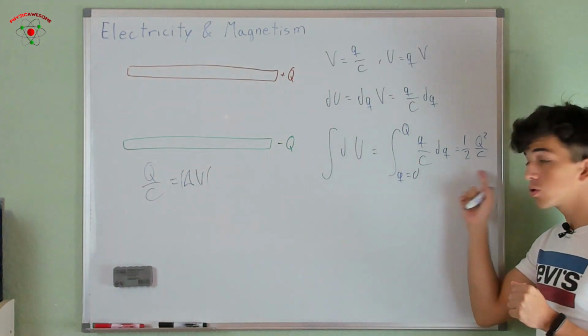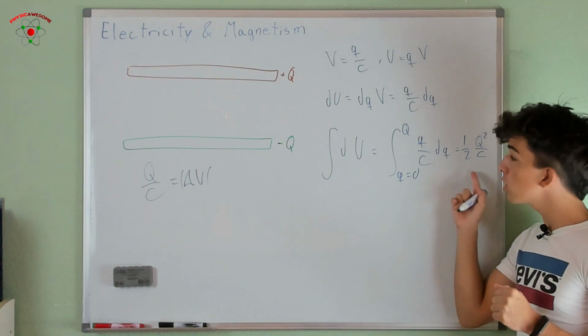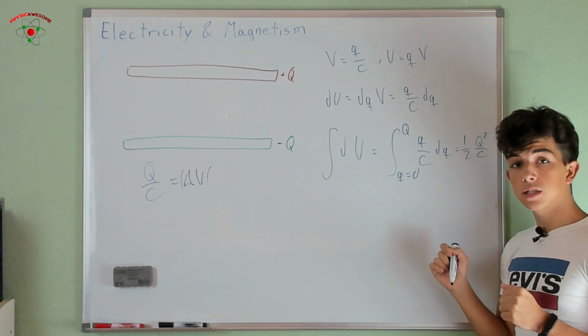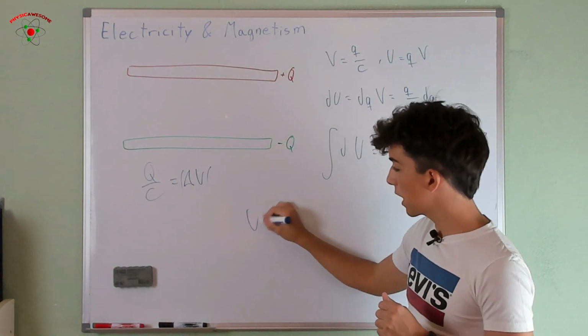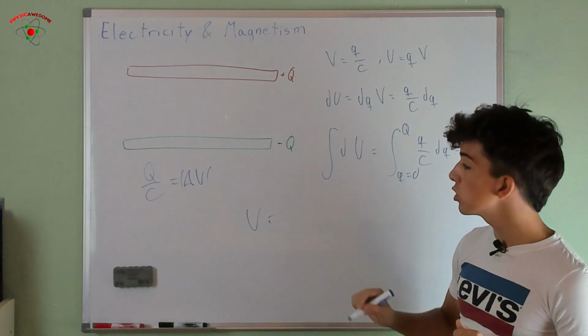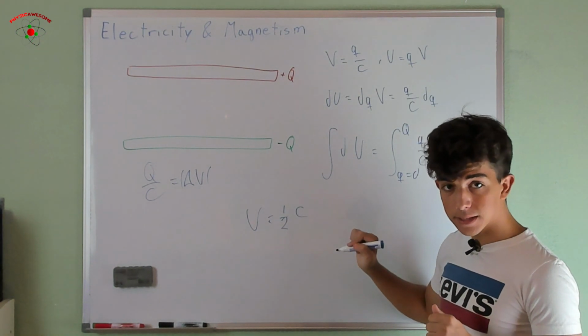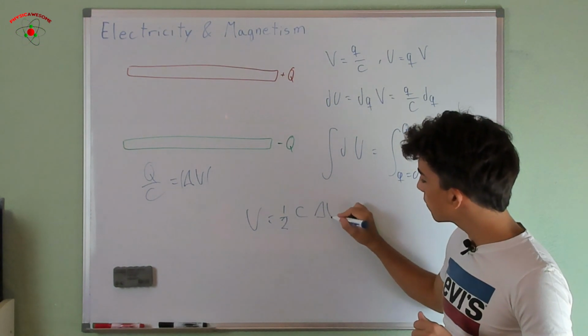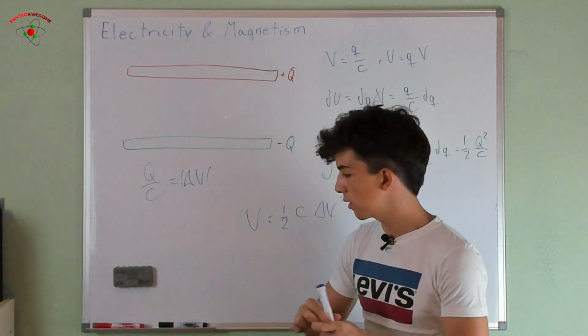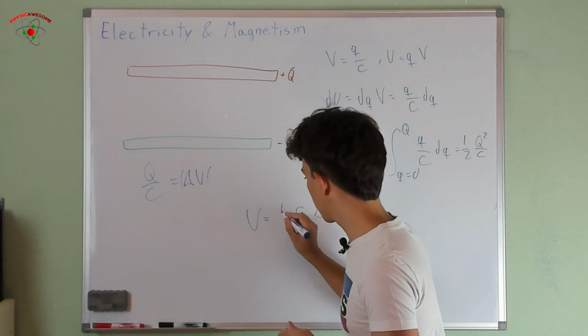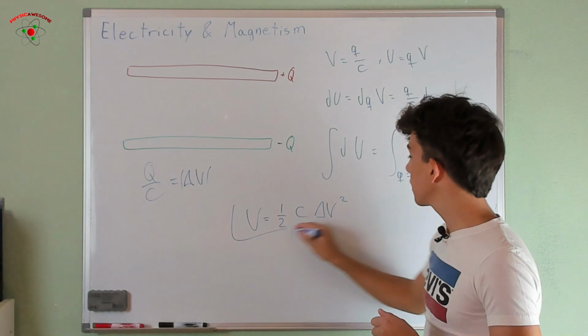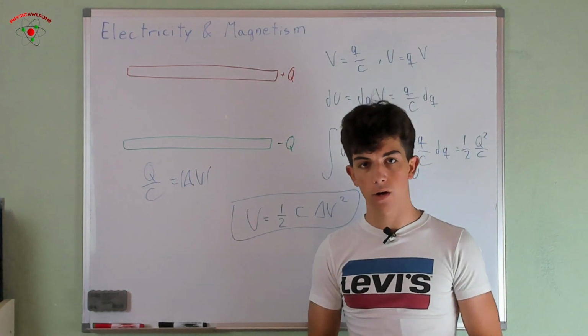We're going to express this quantity totally in terms of the change in voltage, such that the energy is equal to 1/2 times the capacitance times the change in voltage squared. And this is going to be a very important formula in general.